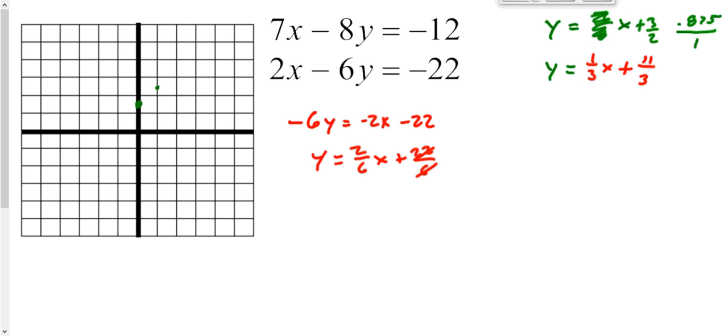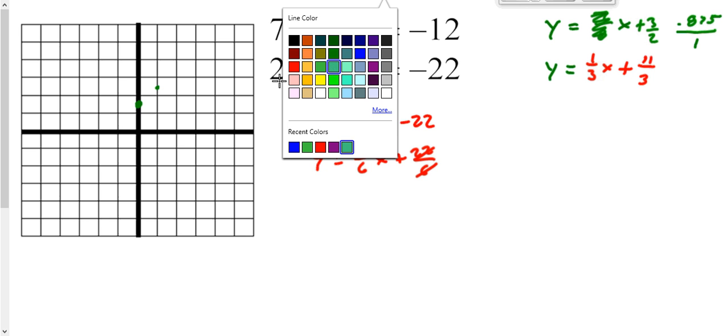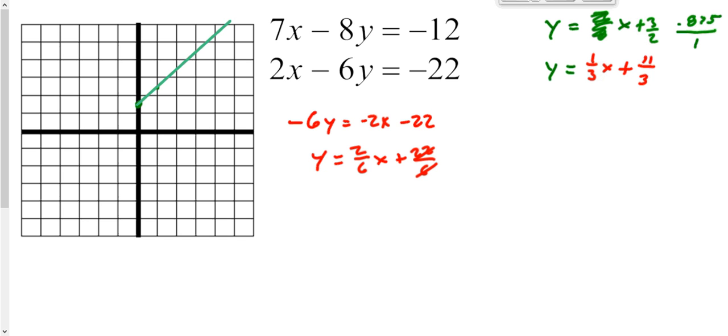Our next graph. So let's draw on our line for that one. Next graph. It starts at 11/3. So that's 3 2/3.